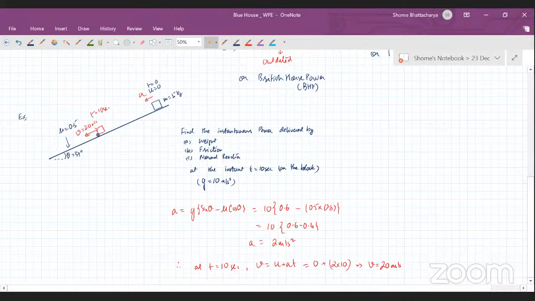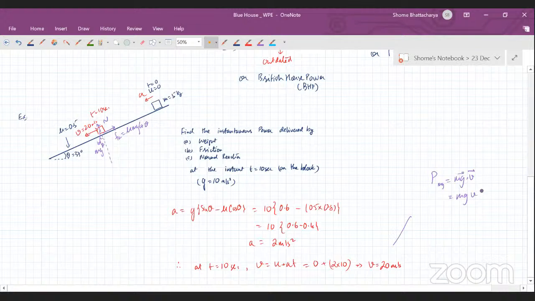So now we have to just understand the forces. So mg is like this, kinetic friction, that is mu mg cos theta, like this, and normal reaction is like this. So this angle is theta. Okay. So the power delivered by mg will become mg dot product with the instantaneous velocity.